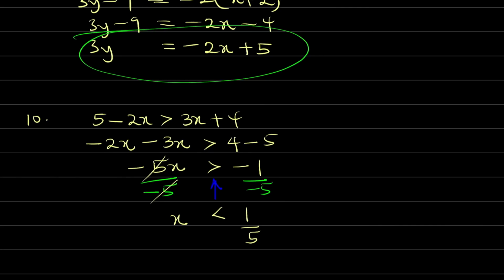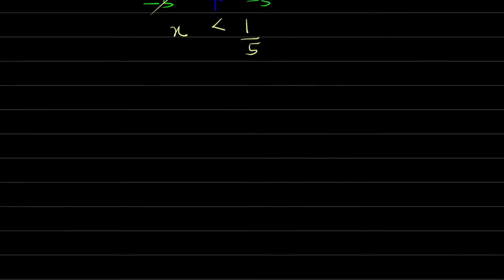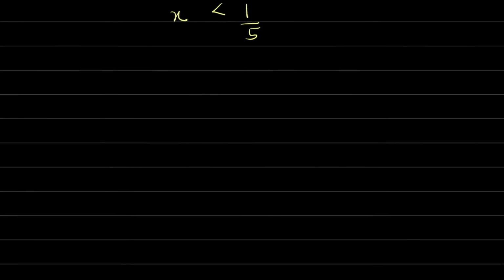Let's go straight to question 11. Question 11 says we should factorize x raised to power 3 minus 8. 8 can be written as 2 raised to power 3.